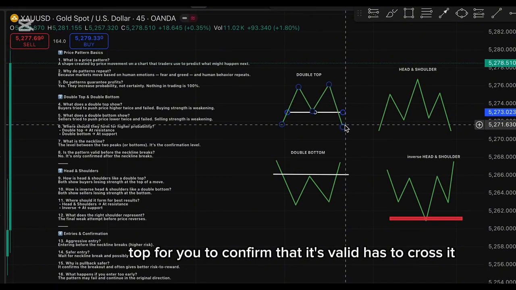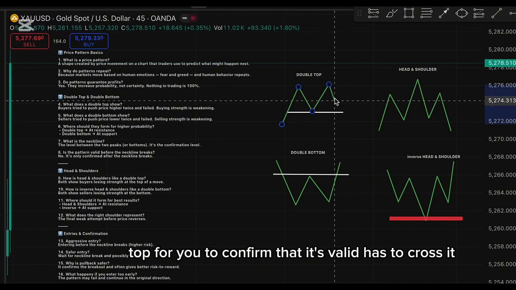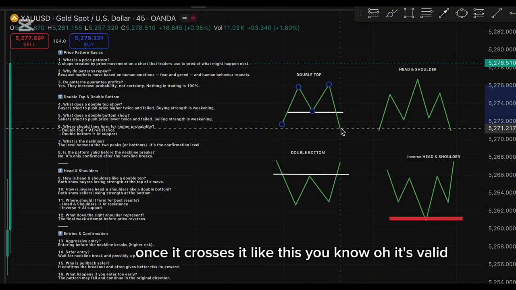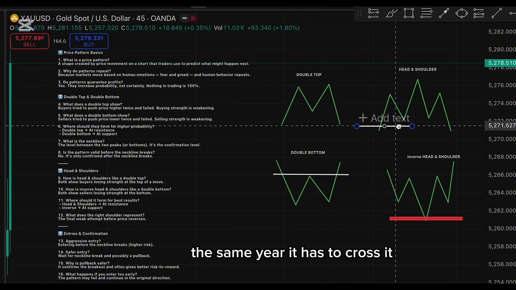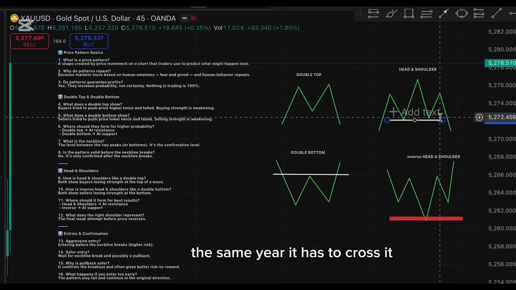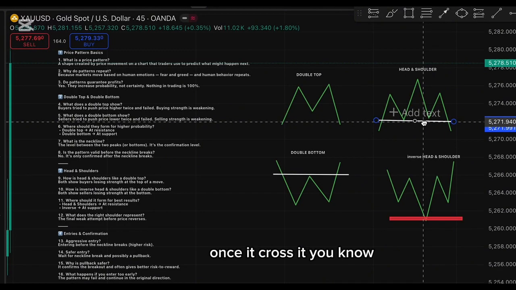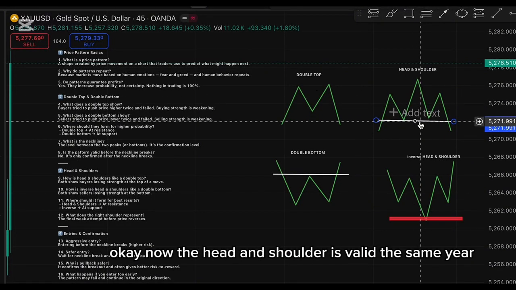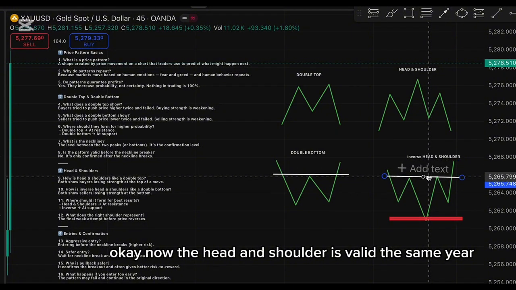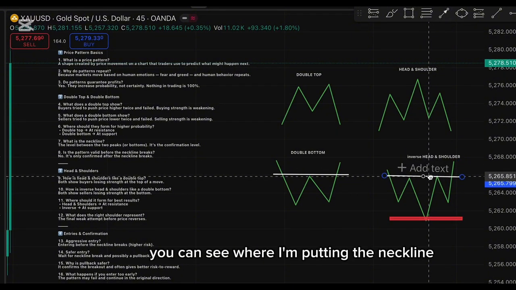Now that is the double top. For it to be confirmed as valid, price has to cross it. Once it crosses it like this, you know it's valid. The same here, it has to cross it. Once it crosses it, you know now the head and shoulder is valid. The same here. You can see where I'm putting the neckline.